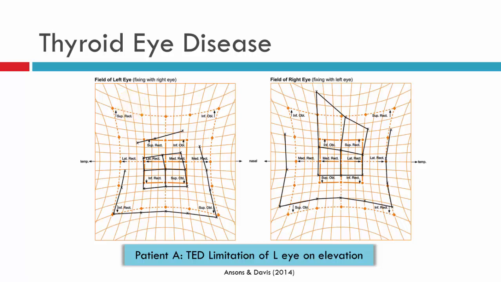It looks like what we see in a blowout fracture of the floor, or it looks like a double elevator palsy. So a careful history is really required to ensure that your diagnosis is accurate. And like I've said many times, never diagnose a patient by only using one clinical measure or one clinical outcome.